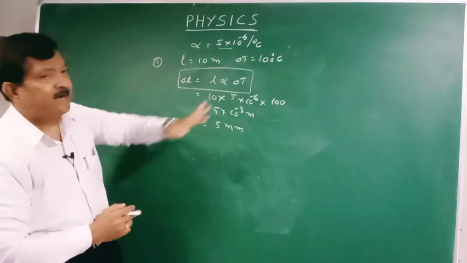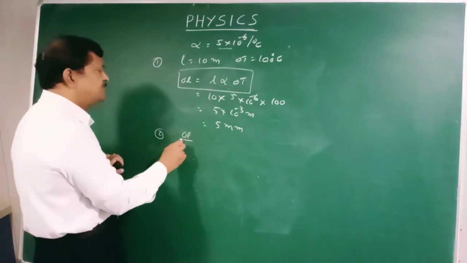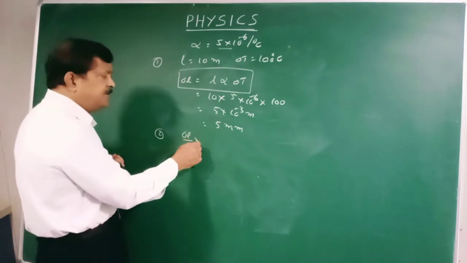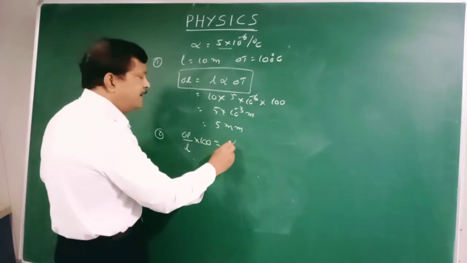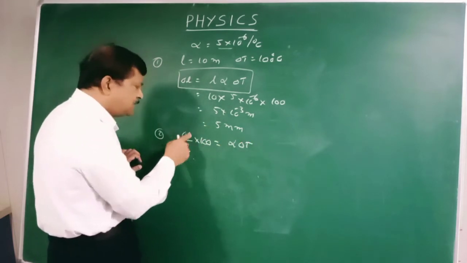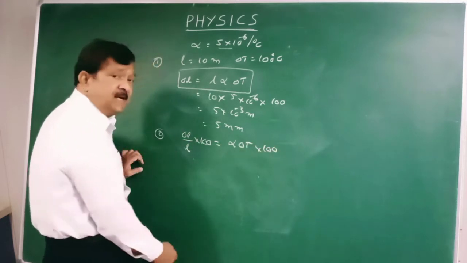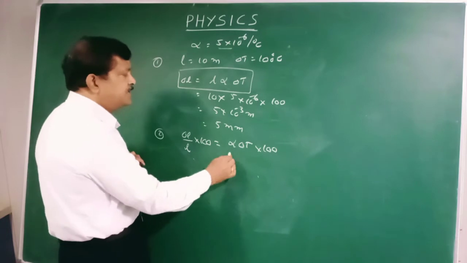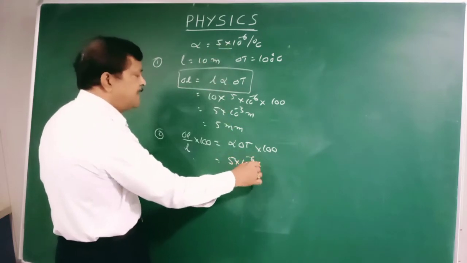So directly you can find out. And similarly, let us find out here the percentage change. Percentage change is delta L by L into 100. Or simply it is alpha delta T into 100, because delta L by L is alpha delta T. That is the percentage change. So what is the percentage change? Let us calculate here. Alpha is 5 into 10 power minus 6.